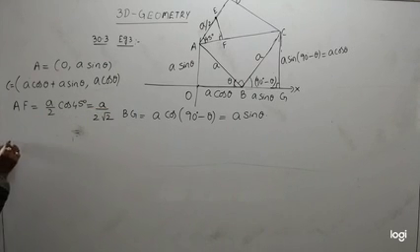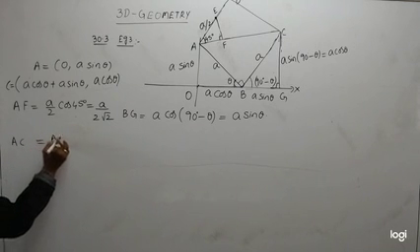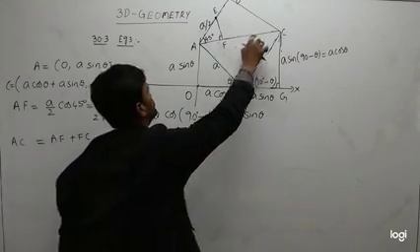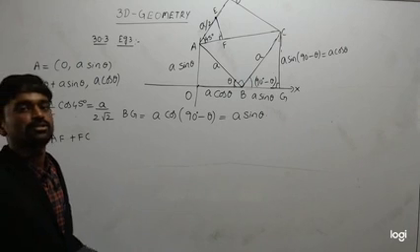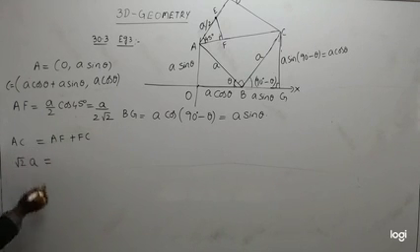So next, AC is equal to what? AF plus FC. Am I correct? Because I'm going to find FC length further, so that I can find AF is to FC, which is the required ratio. AC is nothing but the diagonal. The length of the diagonal is root 2 times the side of the square, that is root 2 A. But what did you get for AF?